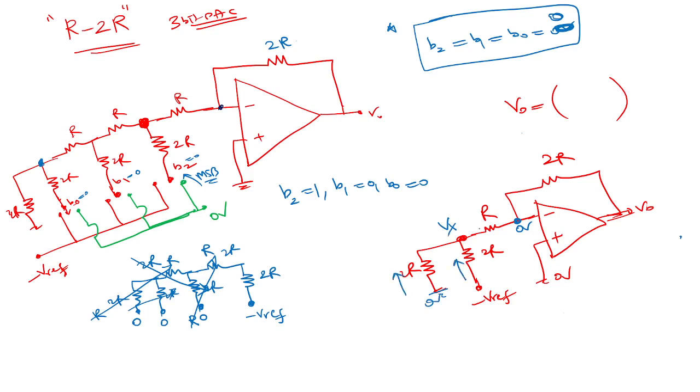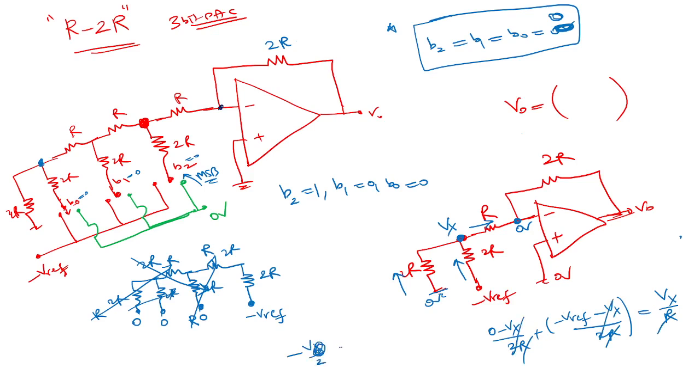So at the node Vx, the input current is (0 minus Vx) by 2R plus (minus V reference minus Vx) by 2R, which is equal to Vx by R. So you can easily find what is Vx. This is minus Vx by 2 and this is minus Vx by 2.